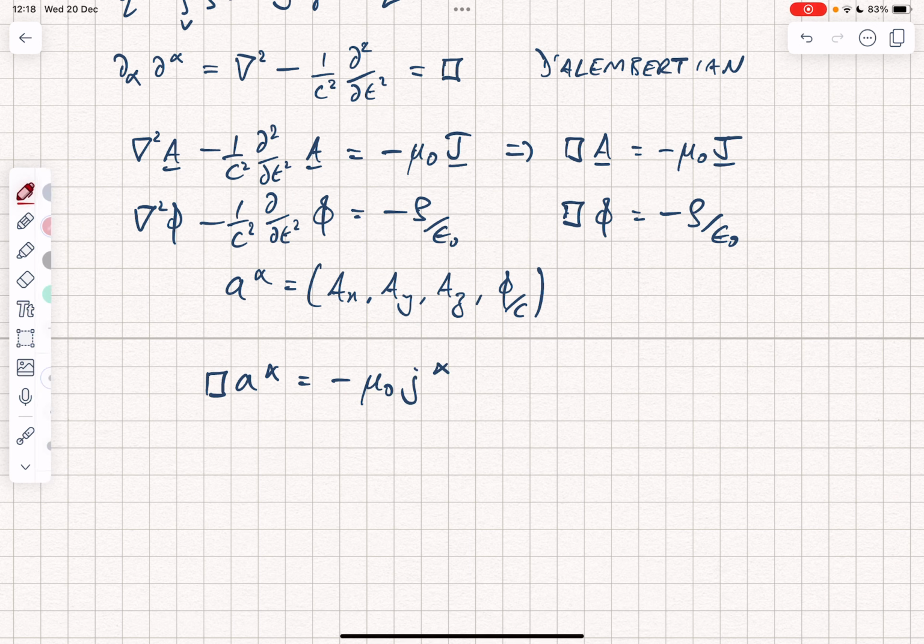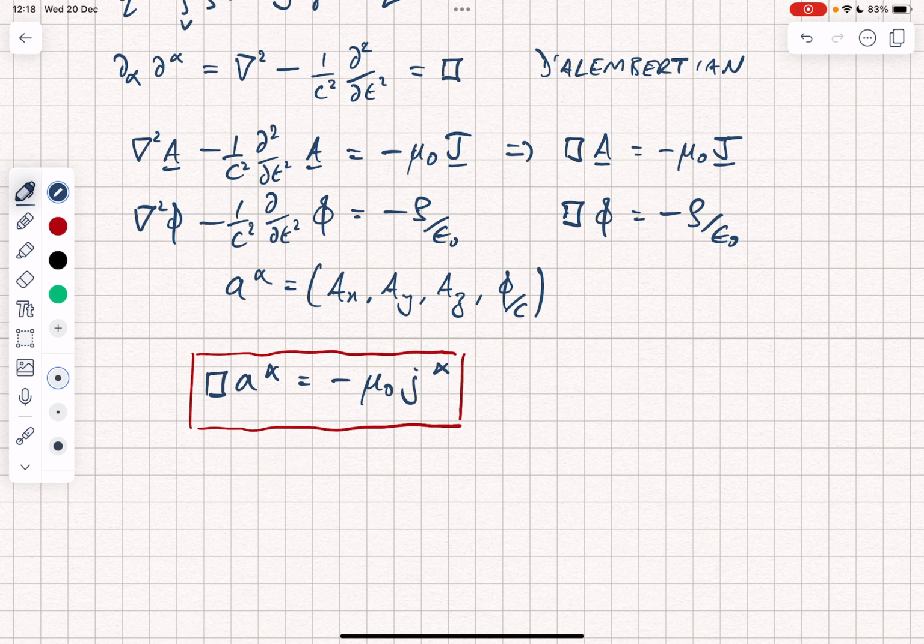And this is a rather remarkable equation. This equation contains all of electromagnetic theory in a way that is entirely independent of reference frame. It transforms perfectly under Lorentz transform. So this gives you all of EM theory.